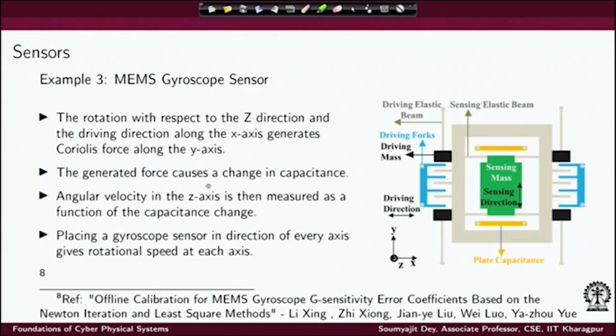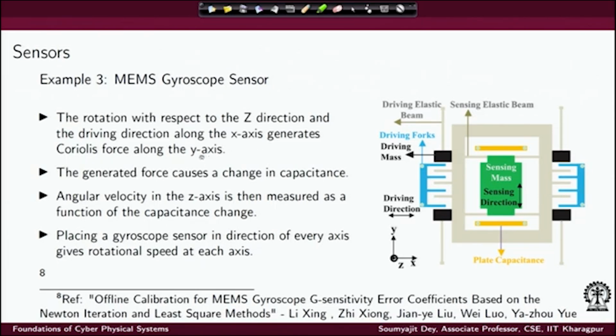Now, again this force can be used to generate something like a change in capacitance, and as a function of that, based on the way the system is being configured here, I can also measure what is the angular velocity in the z axis. So, in this kind of a setup, with one such gyroscope I can measure the generated force along some axis.